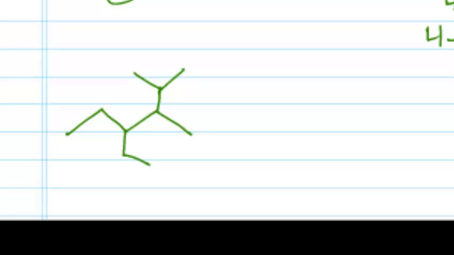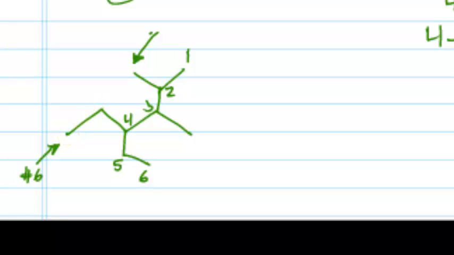Now that 6 carbons can be numbered one way: 1, 2, 3, 4, 5, 6. You could also start from number 1 being this carbon here, and ending with carbon number 6 being here.